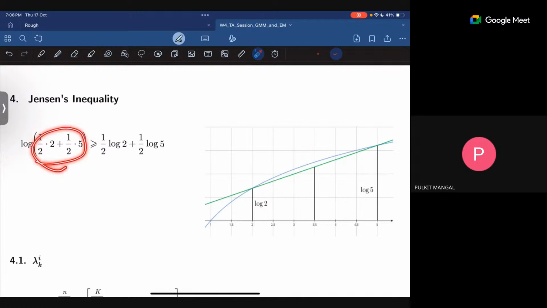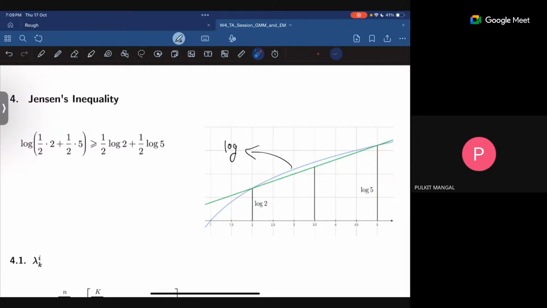This blue curve represents the logarithm function, with base 10. Now this straight line is the line joining the points log 2 and log 5.